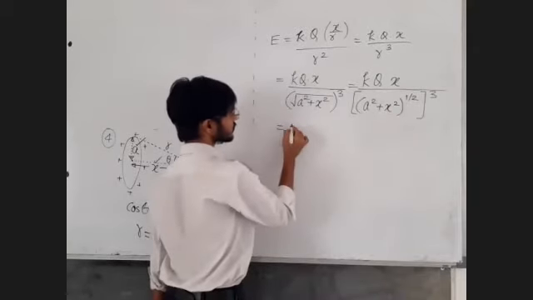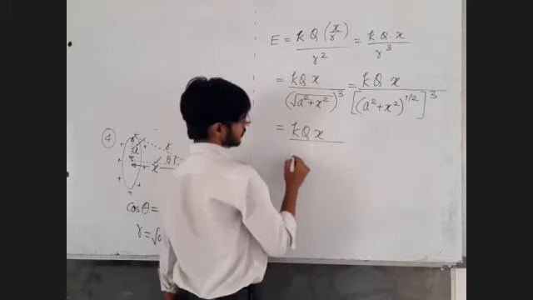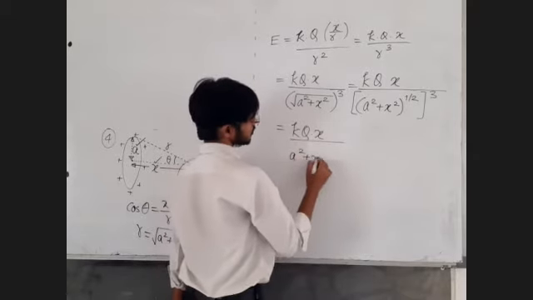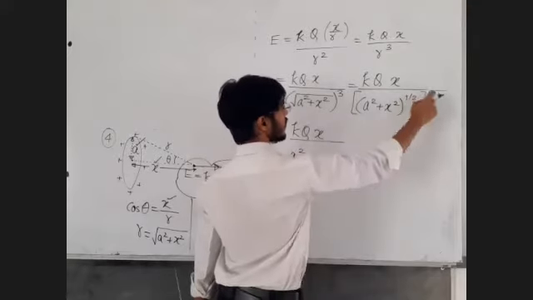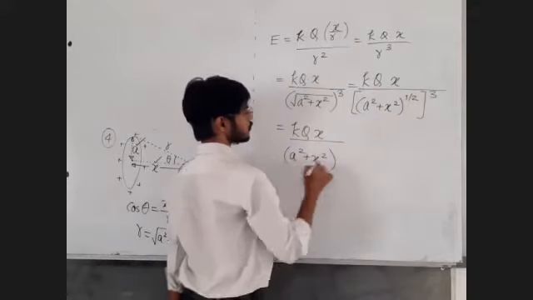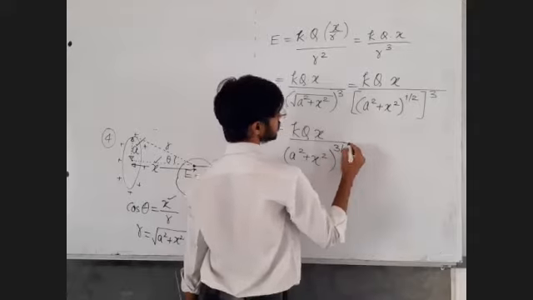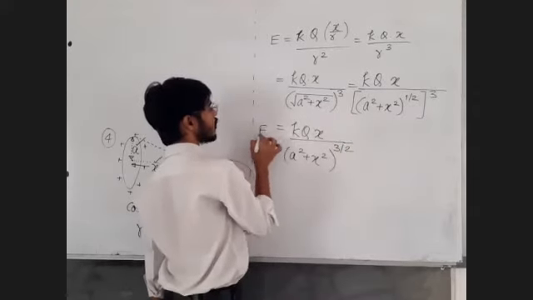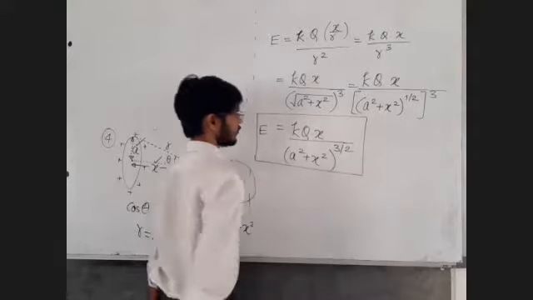K q x upon a square plus x square, 1/2 into 3 is 3 by 2. That will be the final form of the equation.